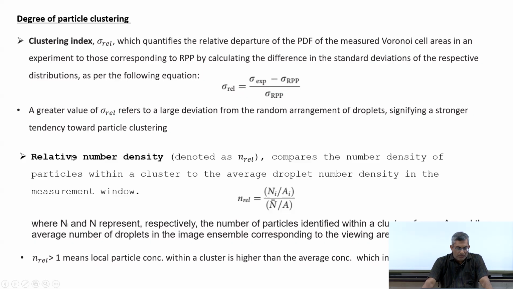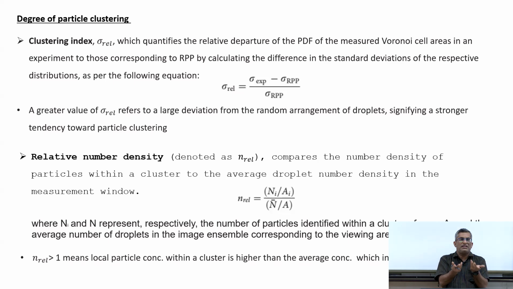There is one more way in which we can characterize this degree of clustering, and that is by calculating the relative number density. Now you can calculate how many particles you have in each cluster, because you identify individual clusters and you know what is the area of each cluster.